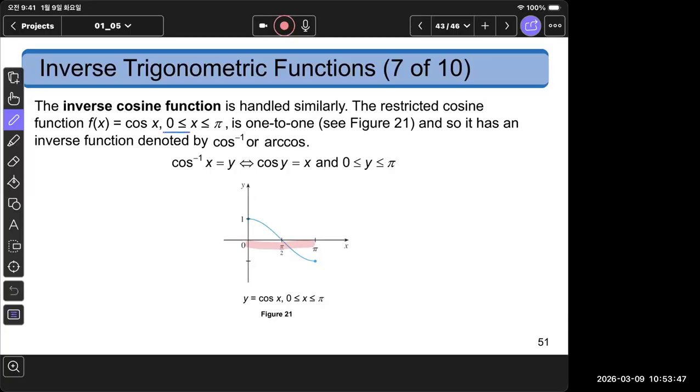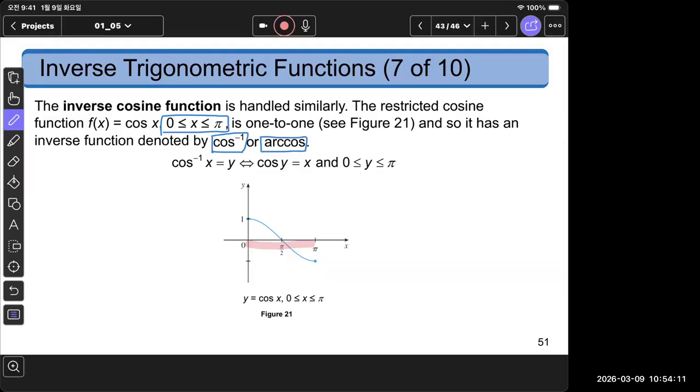So this cosine function defined on 0 to pi will be one-to-one, and the range will be between -1 and 1. In that case, we can think of the inverse, which is denoted by this notation, or sometimes called arc cosine.